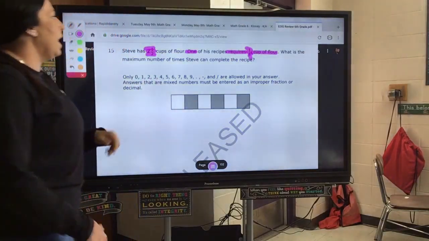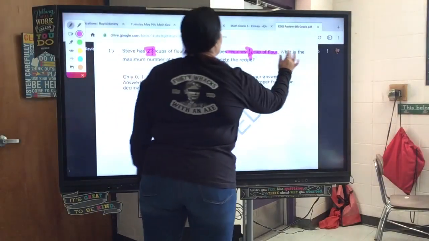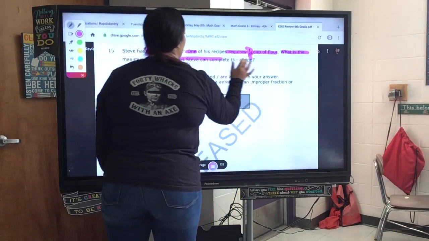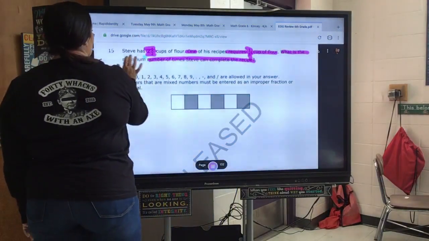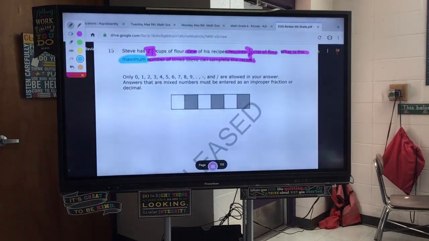That's important. And then what's the last part that is important for us to know? Cristiano? All right, I'm going to do maximum in a different color. Why is that word really important to us in our question? Isaac, why do you think that word is important? Because it means the most. It means the most. So we are looking for the biggest number then, right?